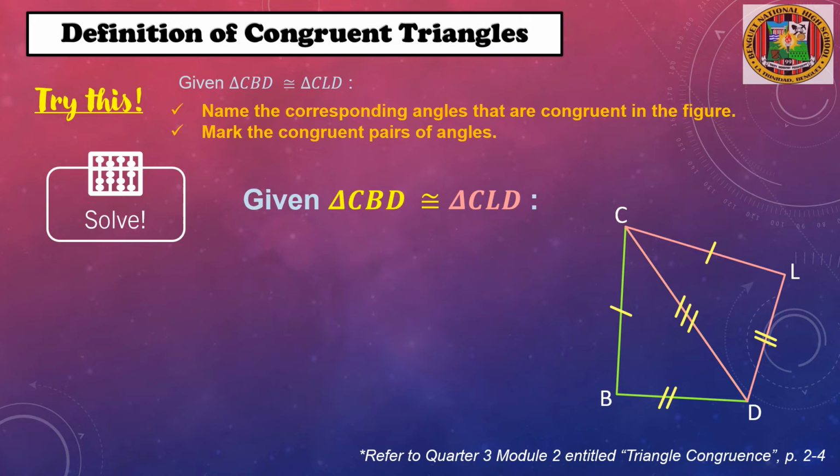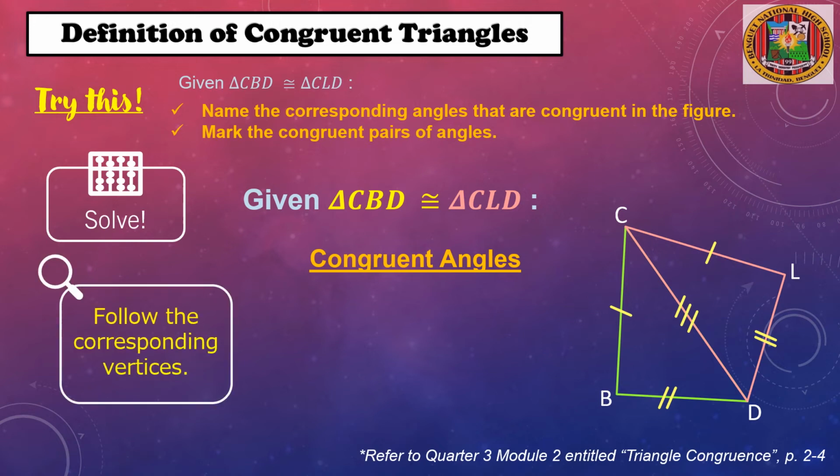After identifying the congruent pairs of sides, let us identify corresponding congruent pairs of angles in the two triangles. Just like in naming the sides, we name the pairs of angles by following the corresponding vertices. Thus, we name angle BCD in triangle CBD, which is congruent to angle LCD in triangle CLD.